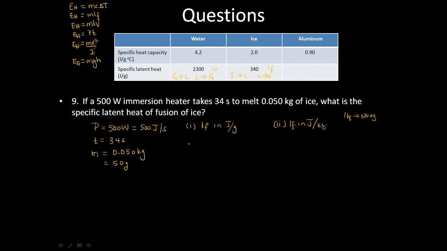Okay, so in JG we know that power times time will be equal to MLF, because remember EH could be equal to MLV or MLF or MLV. In this case, looking for the fusion, so we're looking for LF.